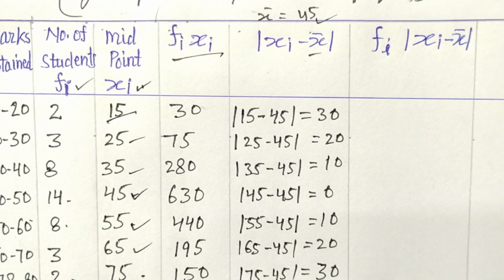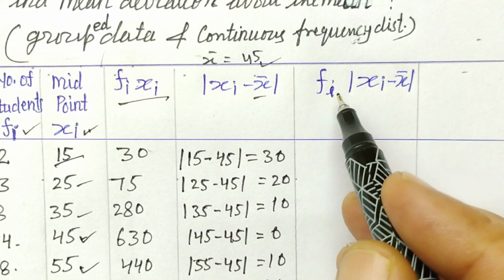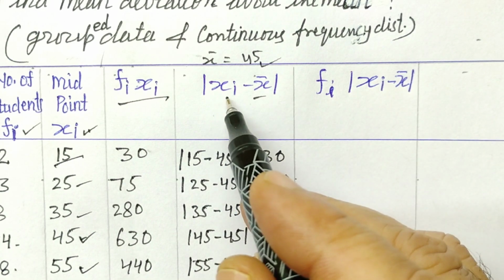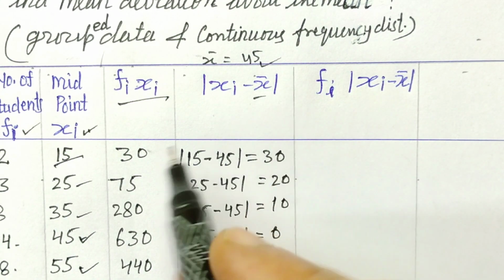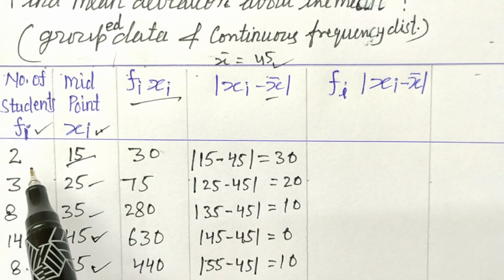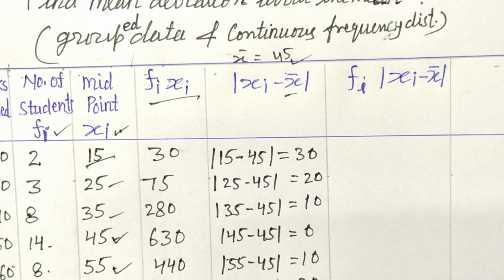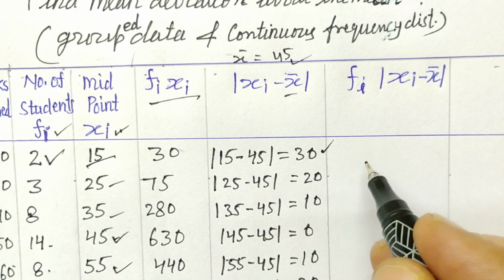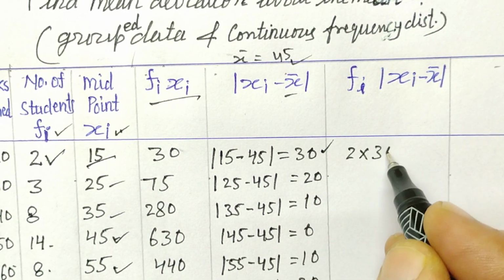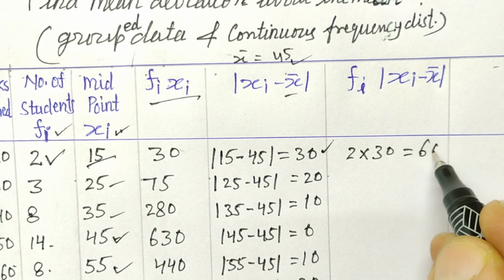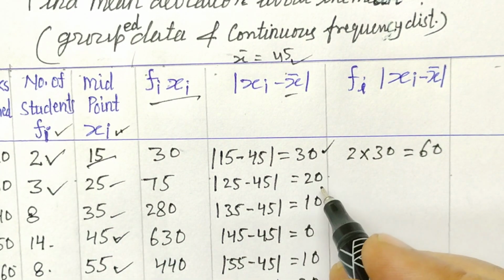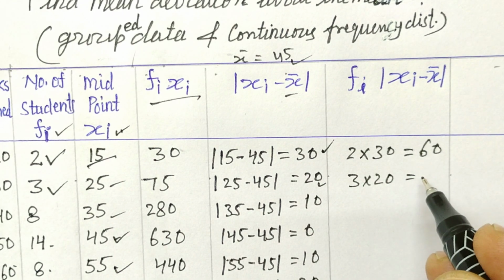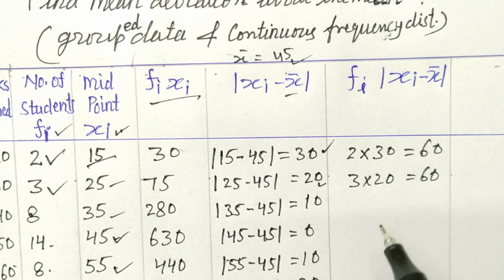Right? Now next, Fi into mod of Xi minus X bar. Fi is 2, so 2 into 30 is 60. 3 into 20 is also 60.